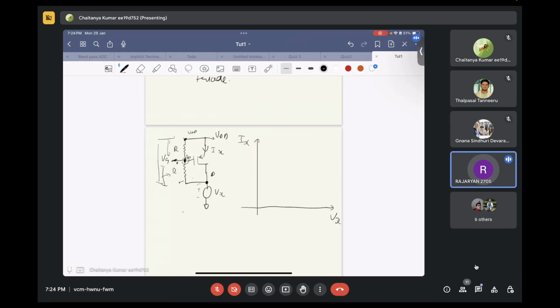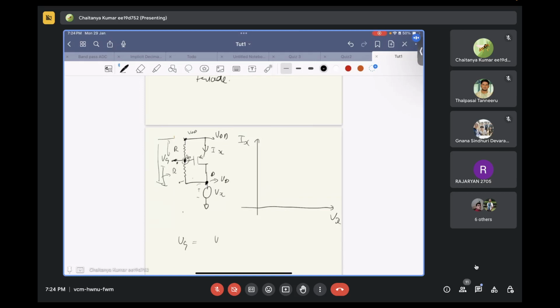It means that drain current would never depend on drain voltage. Correct. So this voltage VD doesn't matter at all. Now what is VG?